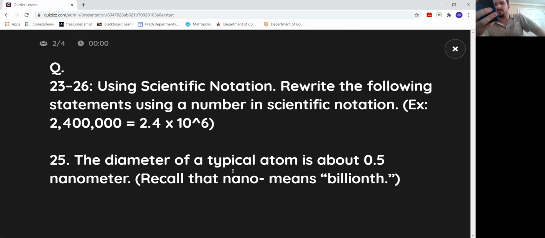Where's the hat sign? There it is. Right after the percent.